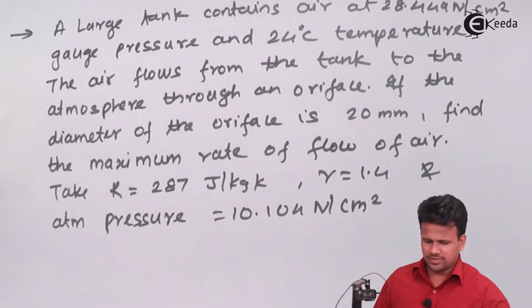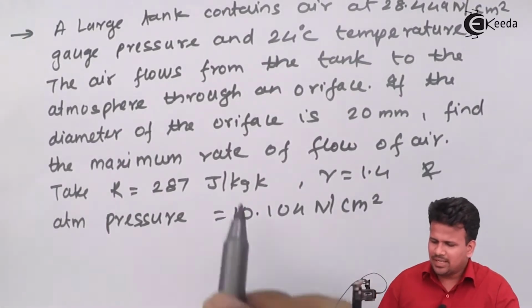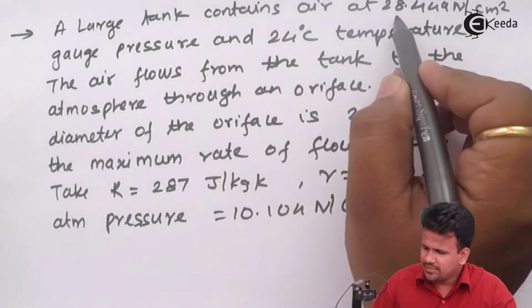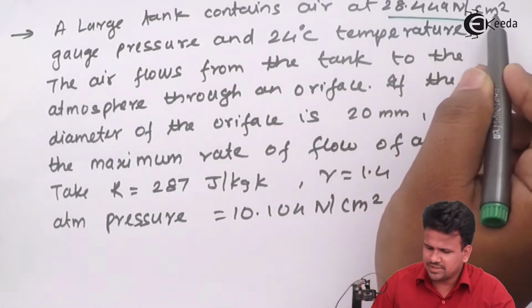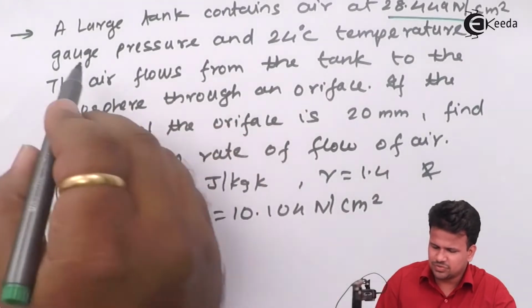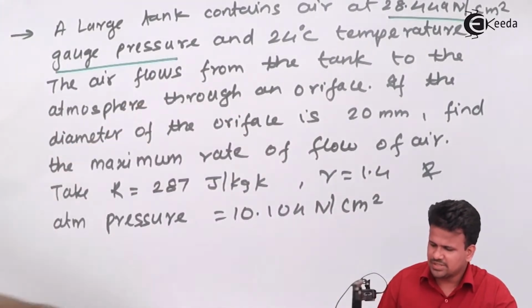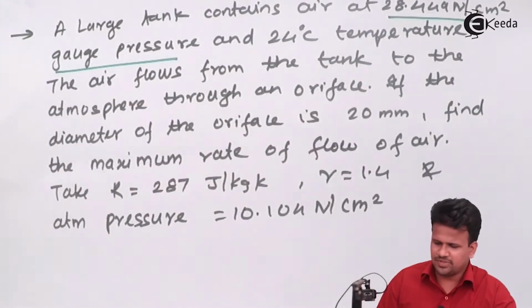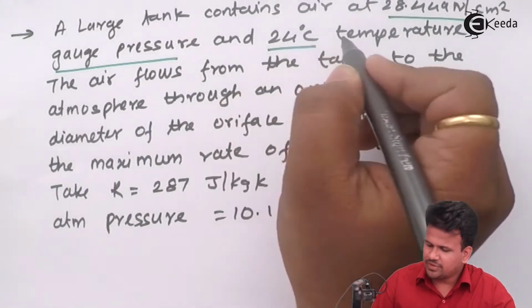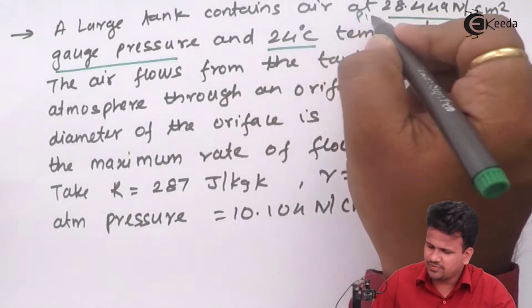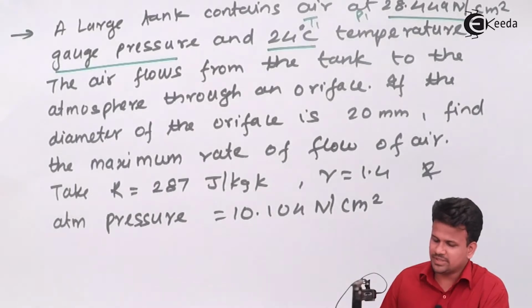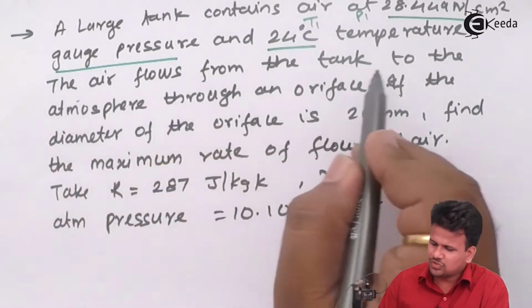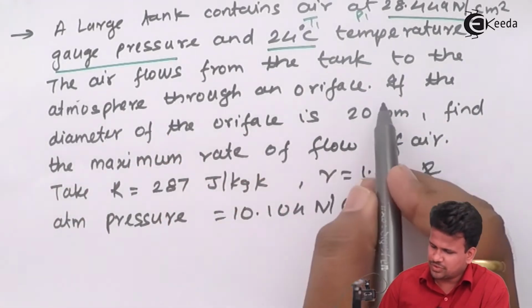So we have a problem over here which states that a large tank contains air at 28.44 Newton per centimeter square gauge pressure. So gauge pressure is given to us, so we have to add atmospheric pressure, and 24 degree Celsius, that is T1. The air flows through the tank to the atmosphere through an orifice.